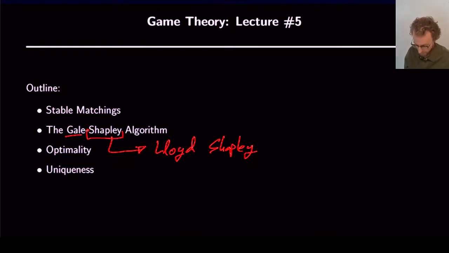And Lloyd Shapley did a lot of work in a lot of different areas relating to game theory, particularly in cooperative game theory that we'll learn about soon. But Lloyd Shapley won the Nobel Prize in economics in 2012.